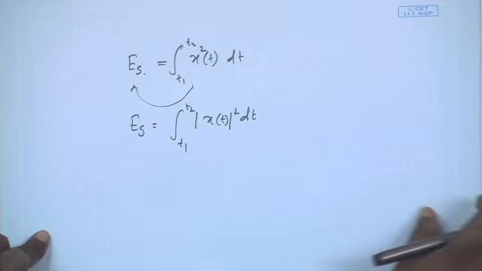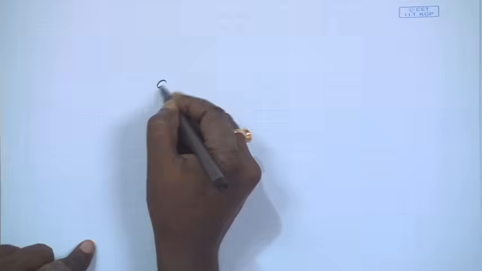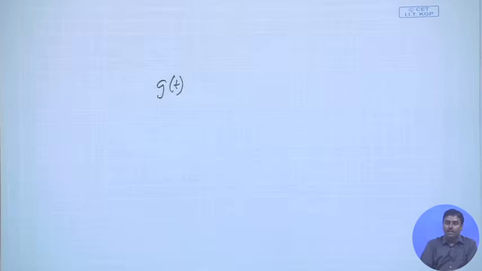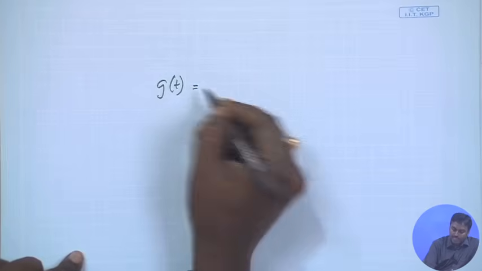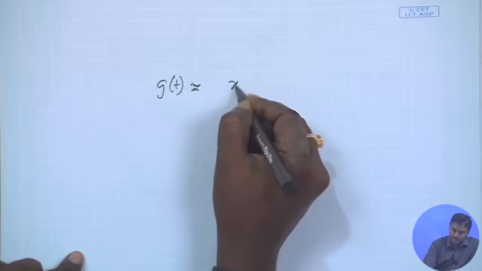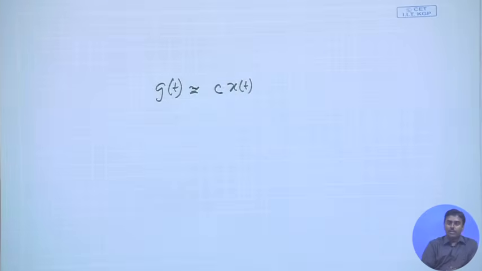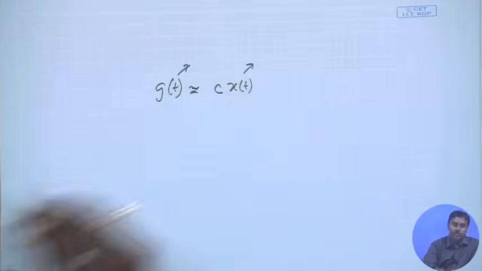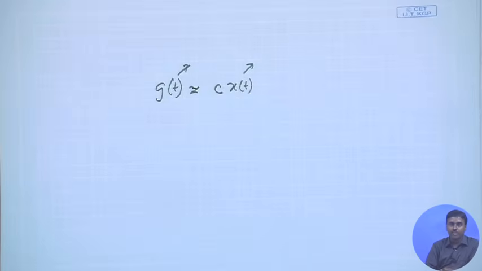Immediately what will happen if suppose I have a signal g(t) and I wish to represent it with respect to a signal x(t), but the only difference is now that g(t) and x(t) are no longer real. Nobody has said that these two have to be real. These can now be complex signals.